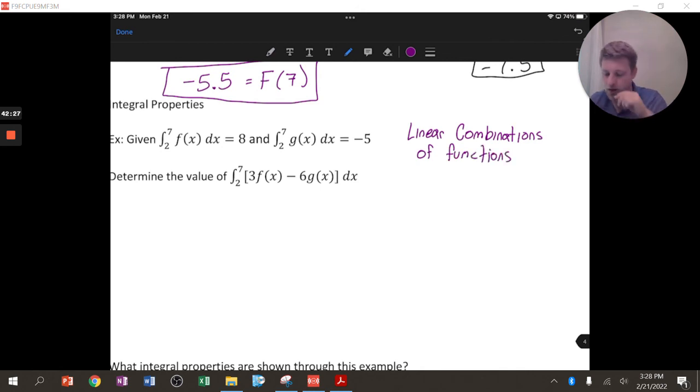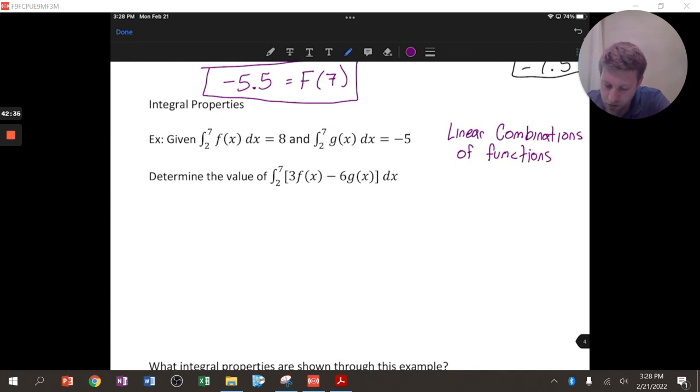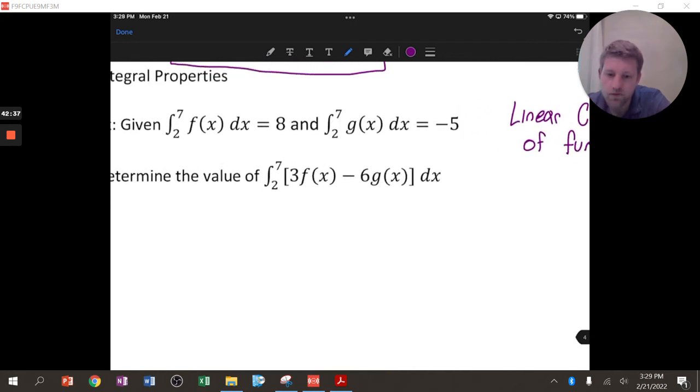And I'm going to try to apply an integral to this linear combination of functions. So let's start with just considering how the integral kind of moves throughout this linear combination.